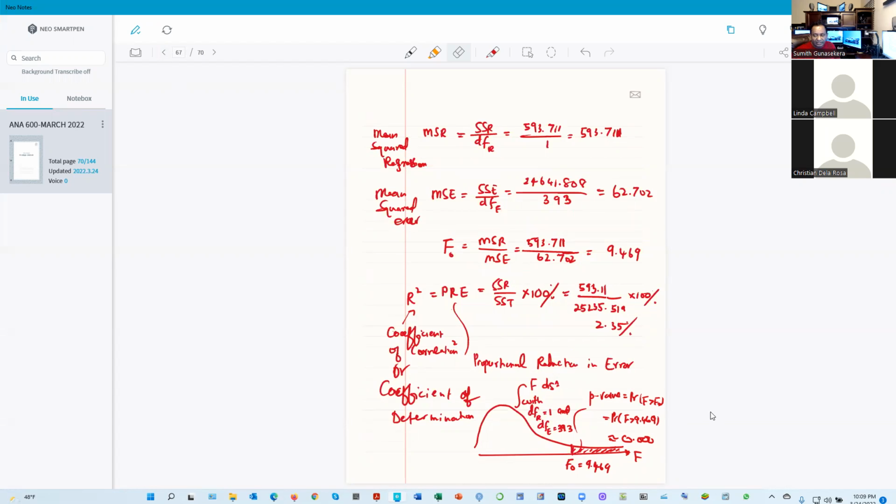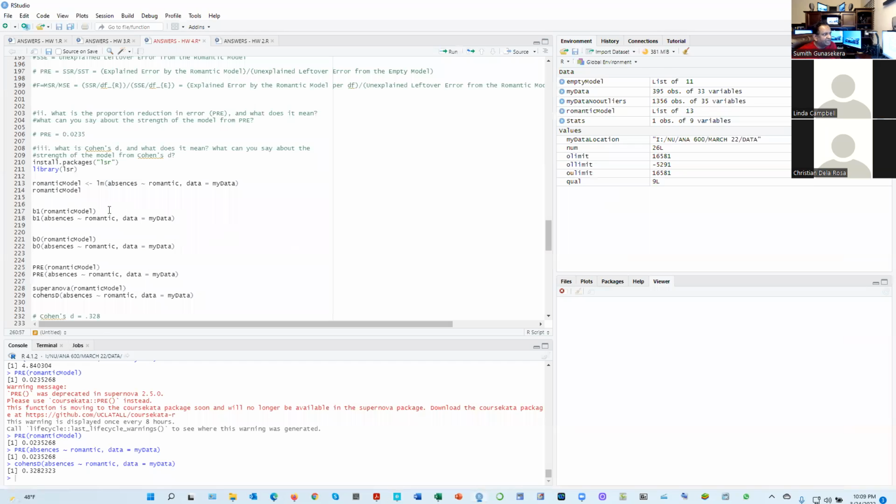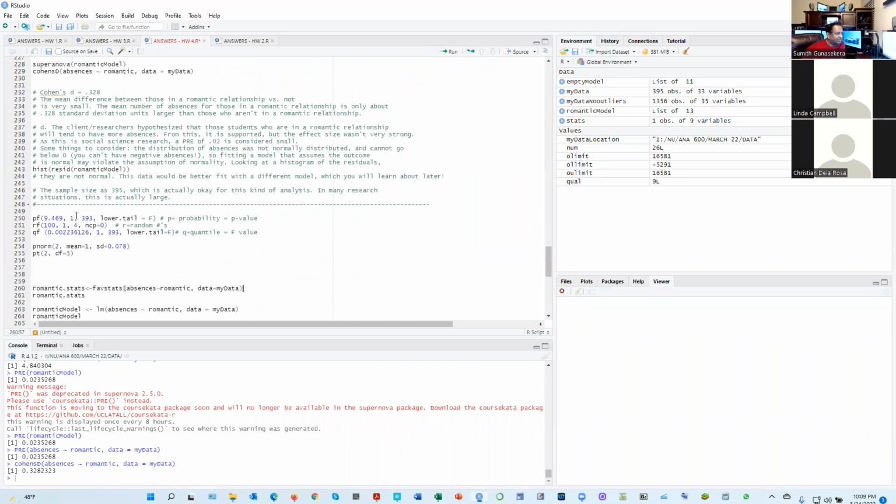It is definitely in your Supernova table, so you don't have to worry about that. But if by any chance you really want to find some probability of more than a certain number, this 9.469, we're going to do that separately here. How? That's what I'm discussing here.